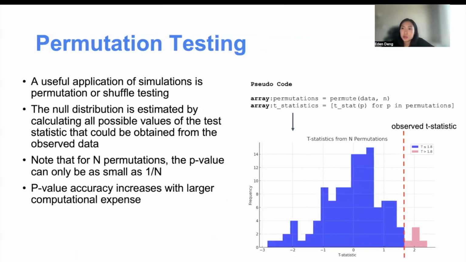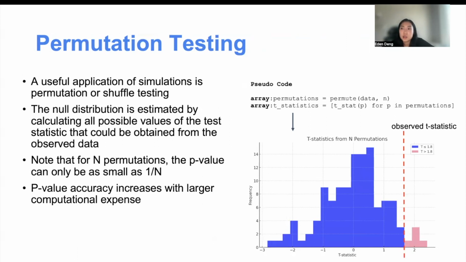Okay, so now suppose we really don't know that much at all about where the data are coming from, which is often true. So we have no idea about the data generation mechanism. Then another alternative for hypothesis testing that we can do here is to use permutation, also called shuffle testing.